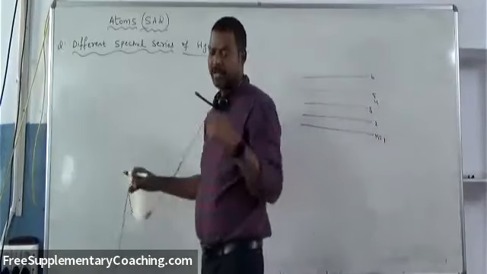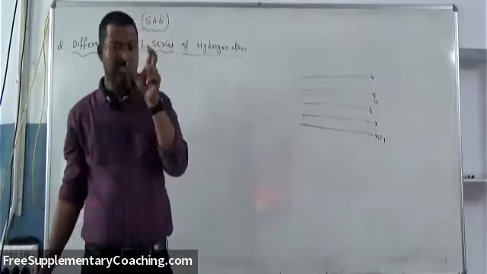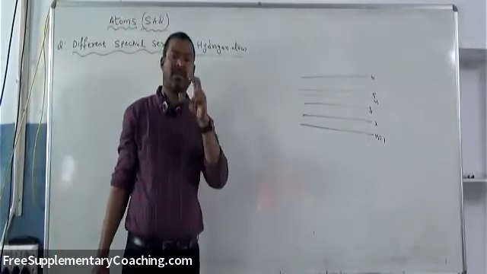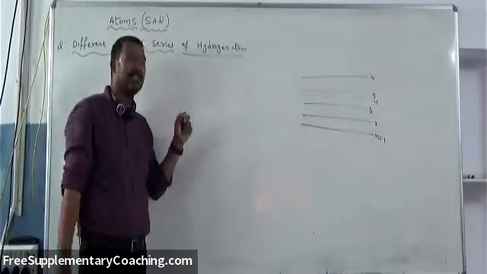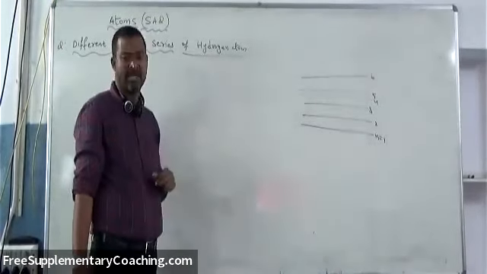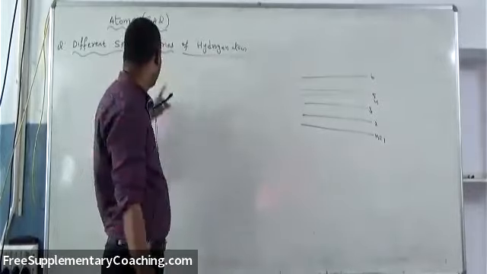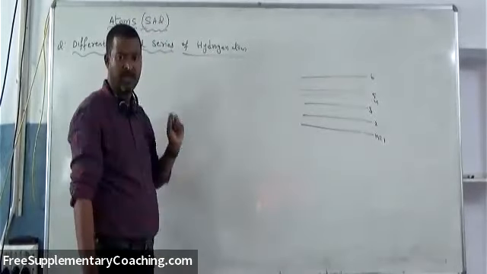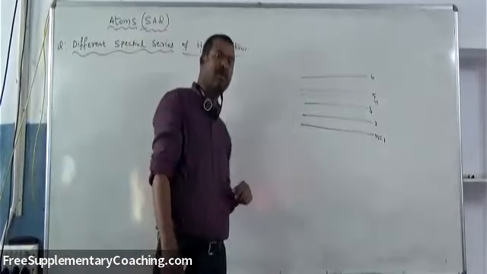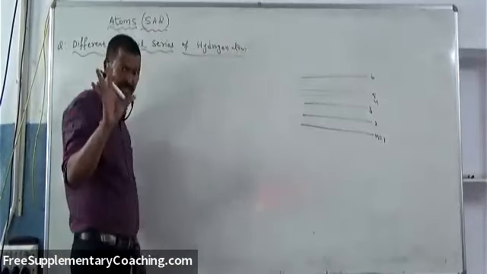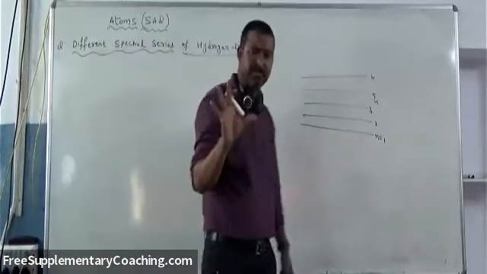The radiation is in the form of electromagnetic radiation. These different electromagnetic radiations emitted by the electron when it makes a transition from higher to lower energy state are called different spectral series. There are 5 spectral series in the hydrogen atom.